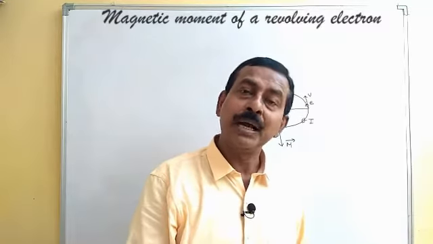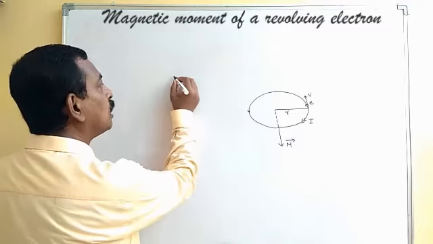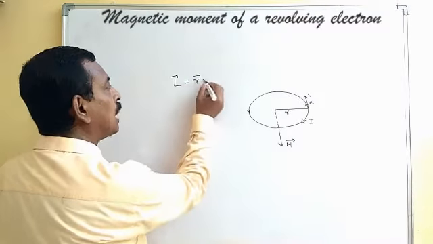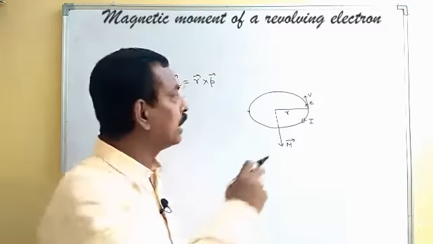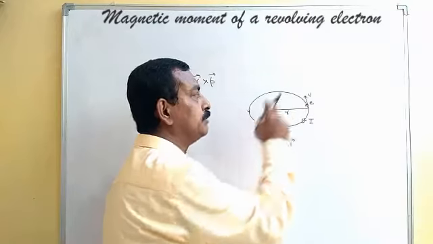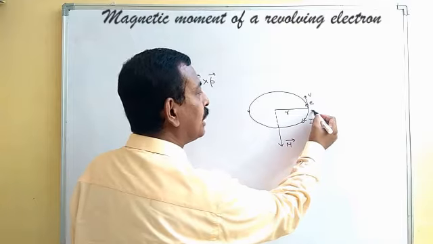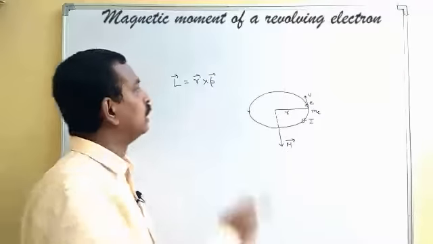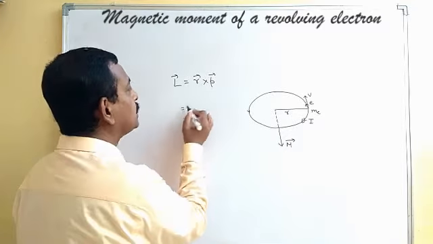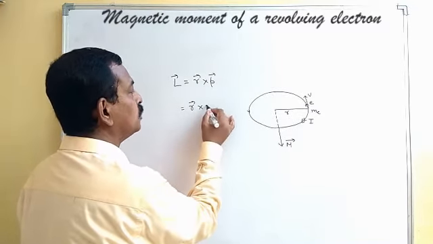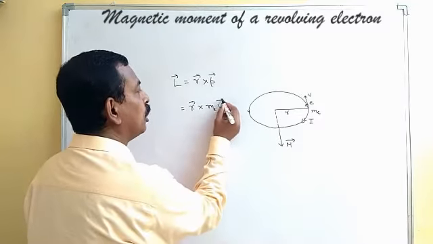Let's now take the orbital angular momentum of the electron. Now we know that angular momentum is given as r cross p. So if the electron is revolving with the speed v, and suppose its mass is m_e, we can write the orbital angular momentum as r into m_e, that is the mass of the electron, and its velocity.